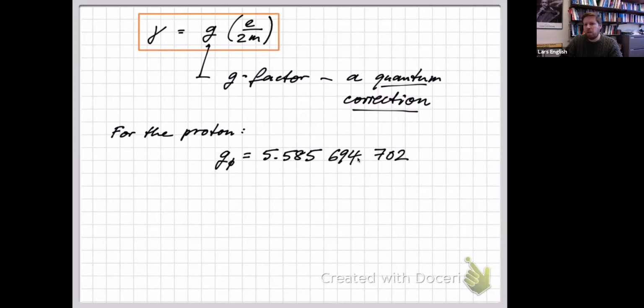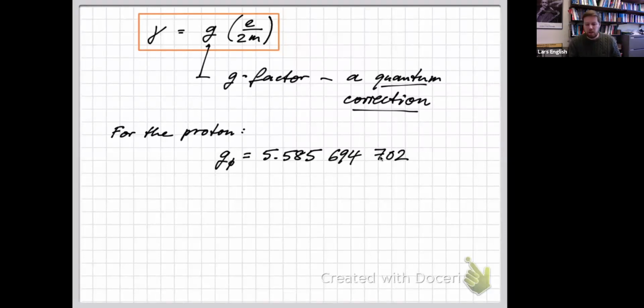I'm giving a couple more digits just to show you that this is a quantity that can be calculated very precisely in quantum mechanics, and can also be measured very precisely in the lab. We get very nice agreement between theory and experiment, both precise and accurate.